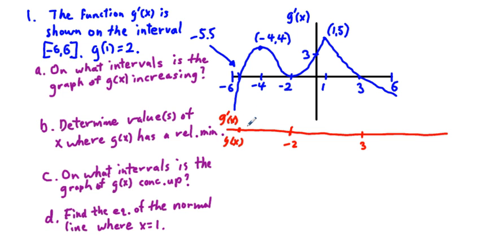And so g prime of x to the left of -5.5 is negative. So we have the function going down between -6 and -5.5, and the function increasing between -5.5 and -2, and between -2 and x equals 3, the next critical number, we also show the function increasing.